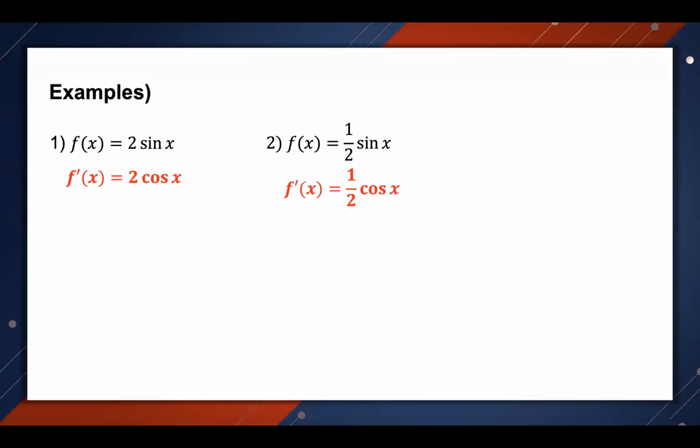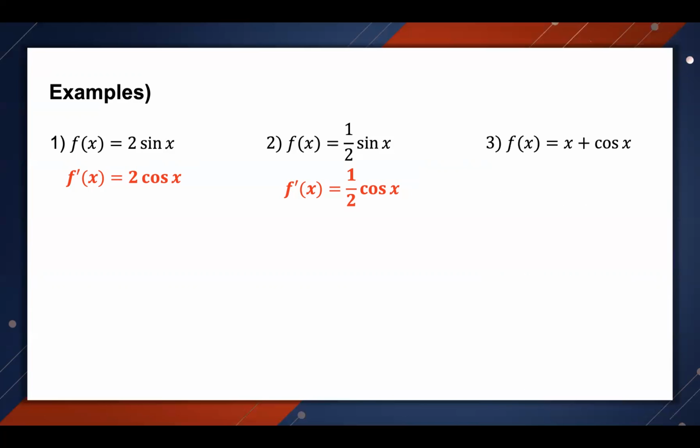Here's another one that also uses the multiple constant rule and the trigonometric rule. The 1 divided by 2 is the constant before the sine x, and the derivative of sine x equals cosine x. So f prime equals 1 divided by 2 times cosine x.